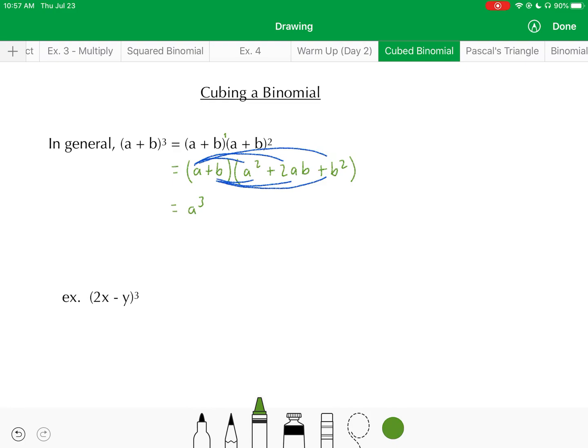A times 2ab will give me 2a squared b. And then a times b squared will give me ab squared. B times a squared would be a squared b. B times 2ab would be 2ab squared. And then b times b squared would give me b cubed.